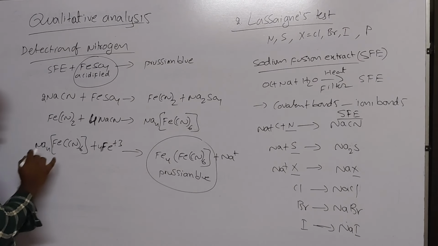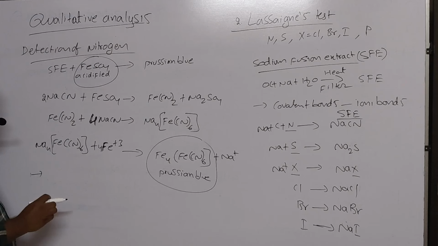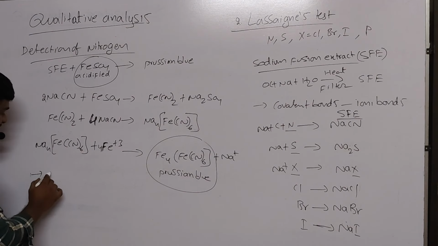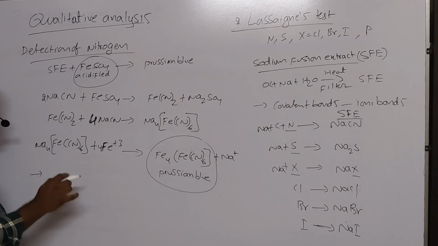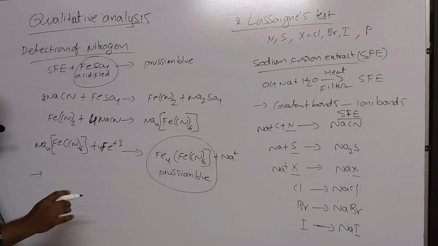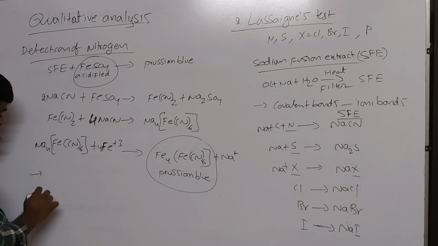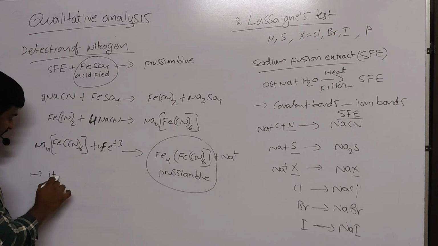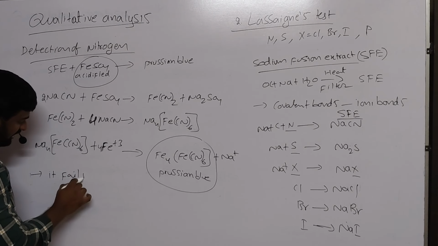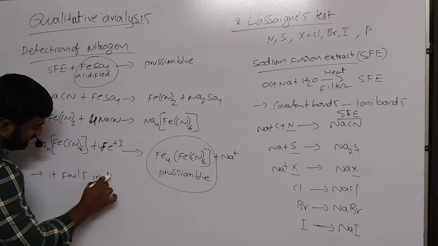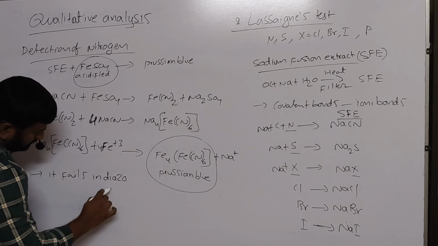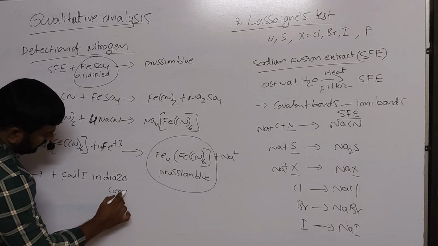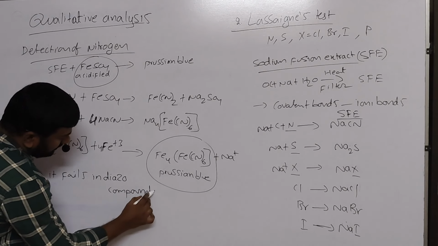Next, by using this test we can identify nitrogen in all compounds except diazo compounds or diazonium salts. It fails in diazo compounds. Why?